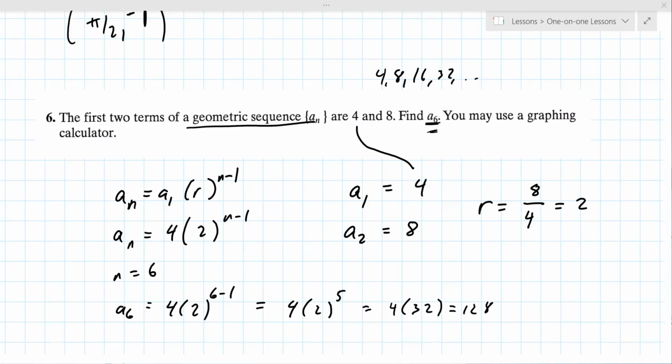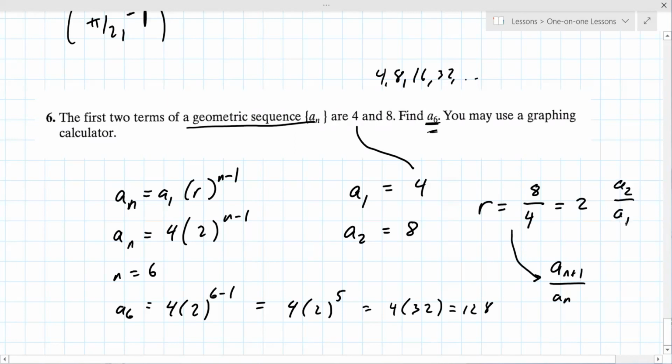So r is just a sub 2 over a sub 1, right? Or more generally, it's the next one over the previous one. But in your problem, it was a sub 2 over a sub 1. Got it. Okay. Plus 1 over 8.